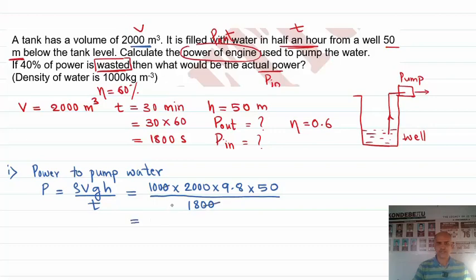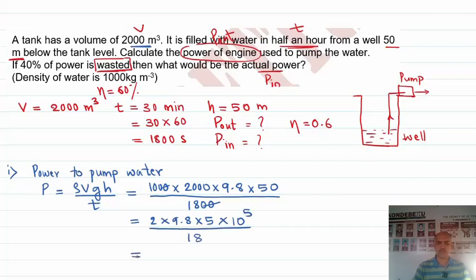What remains in the numerator: 2 into 9.8 into 5 into 10 raised to 5, divided by 18.